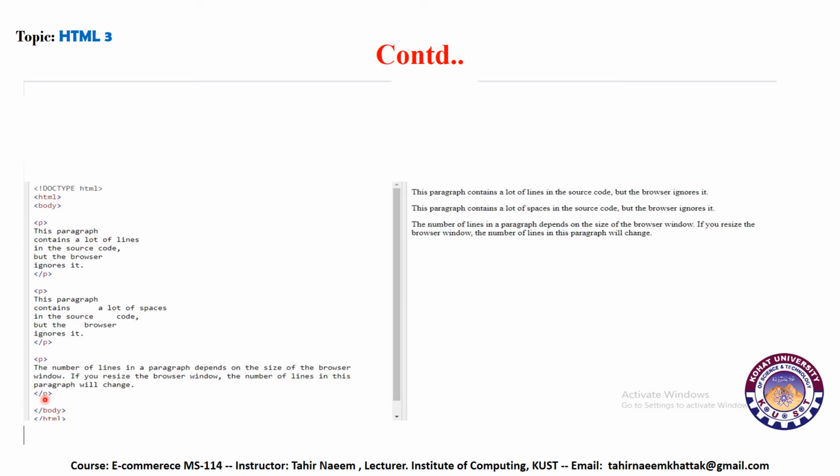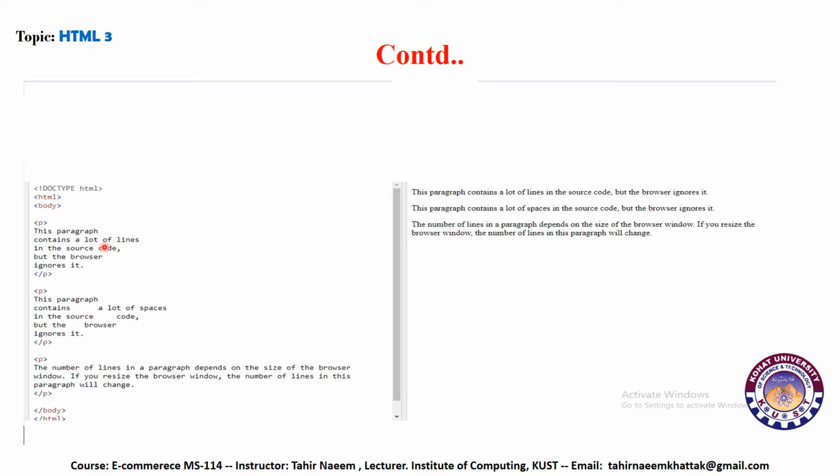So here I have ended the paragraph. Whenever I try to run it on the browser, it will be displayed like that. This paragraph contains a lot of lines in the source code, but the browser ignores it. Look at this. All the text will be displayed on the same line.